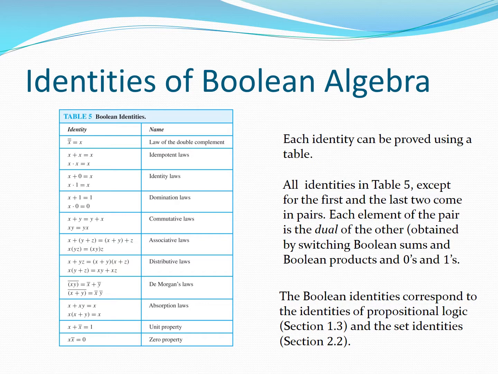We have already done that in propositional logic and in set theory, and it's going to be very similar. So we're not going to do it once again here. Most of the proofs that we do are going to be using a tabular approach, where you build the table with all the possible values that the variables can take and show the left hand side of an identity is equal to the right hand side to prove that identity.